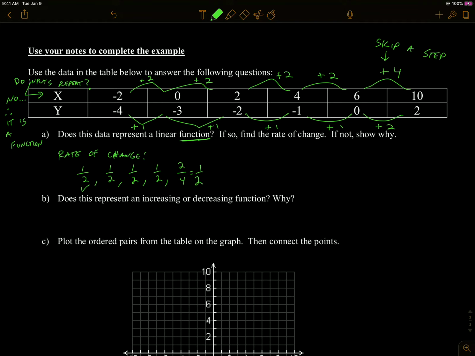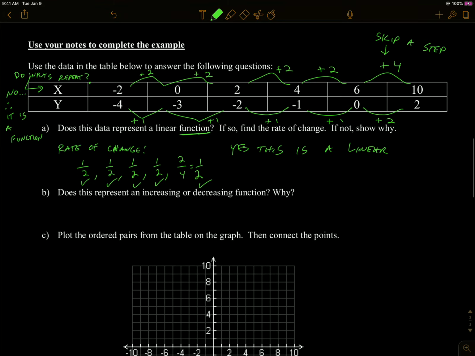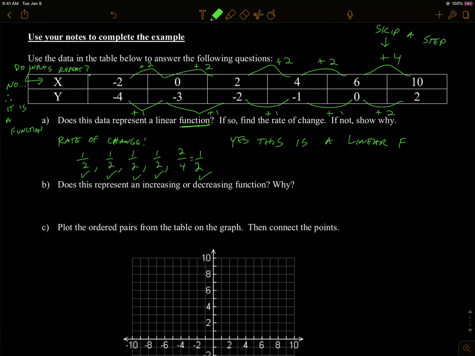So it looks like they're the same every time, the rate of change. So yes, this is linear. It's linear because that rate of change is constant. And it's a function because of what we said before. No x repeats. So yes, this is a linear function, and the constant rate of change is 1/2.